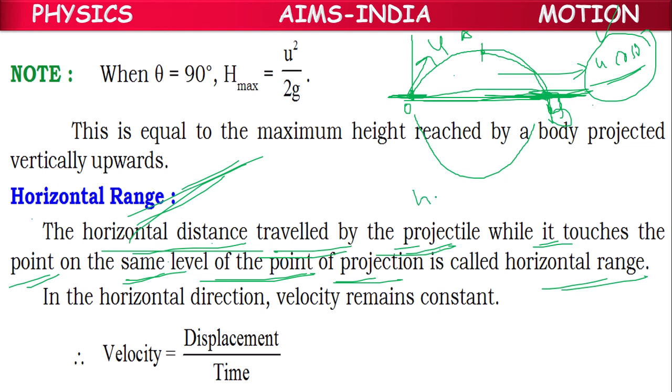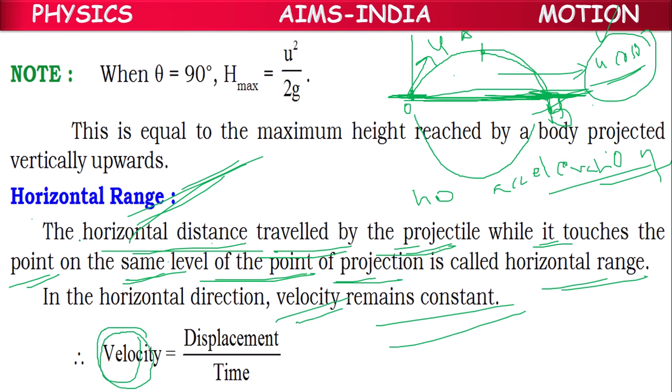Constant velocity means there is no acceleration. Means normal formulas we can apply in the case of horizontal motion. So horizontal velocity remains constant in the case of oblique projectile.